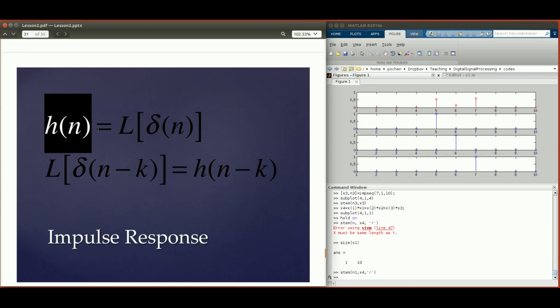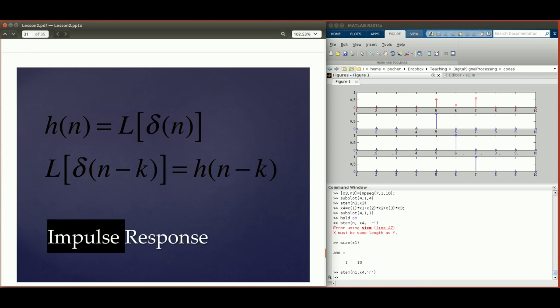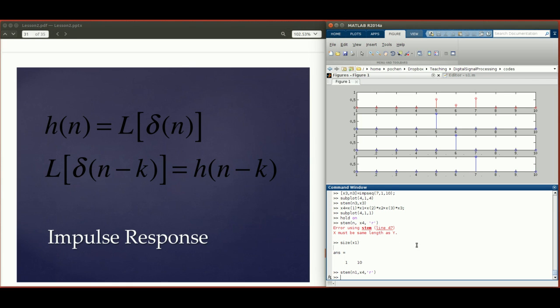And this output is what we call the impulse response. Some people prefer to call it the Green's function, named after the person Green who invented this notation. And some people prefer to call it the transfer function, right?